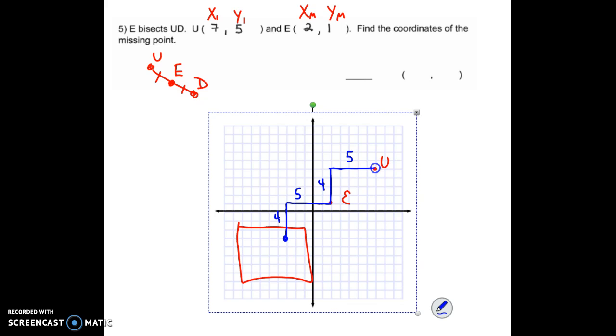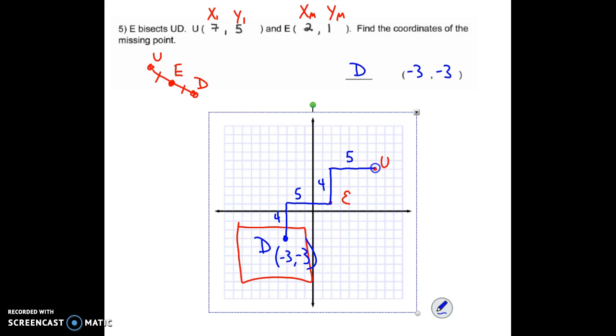Which means my end point that I'm looking for, point D, should have the coordinate -3, -3. All right, so let's just write that in. Hey, I got it. D equals -3, -3.